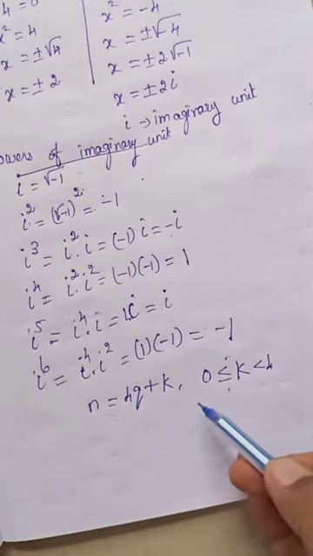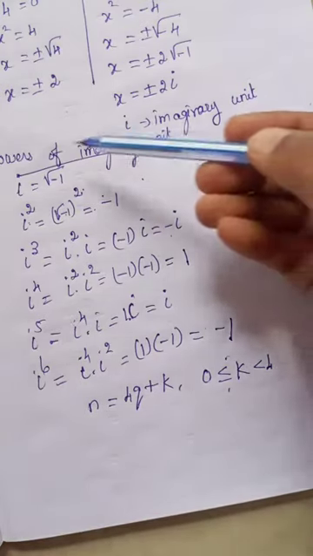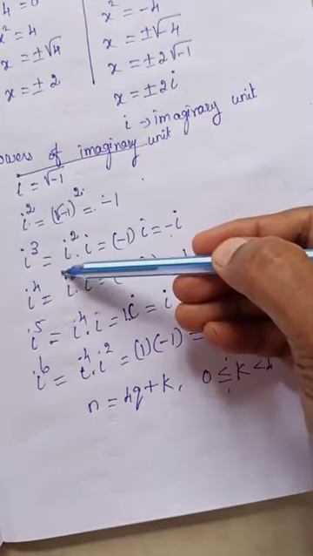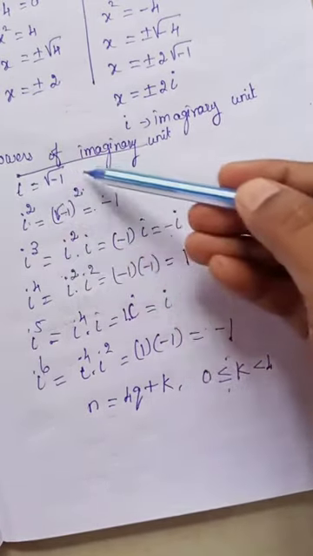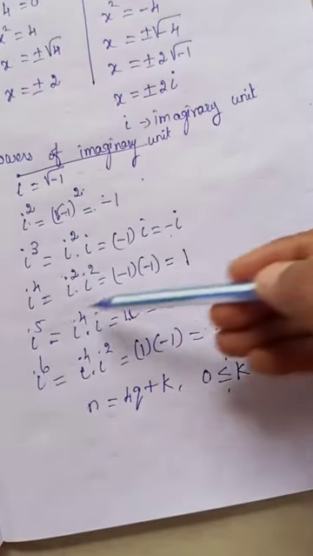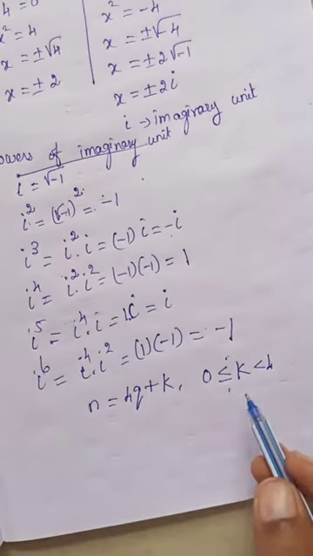Only for the remainder it is enough to find the answer. The remainder may be i, i square, i cube or i power 4. i is i, i square is minus 1, i cube is minus i, and i power 4 is 1. Is that clear?